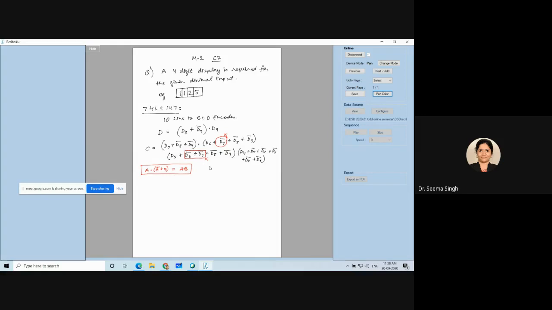Now you tell me what all will get absorbed in this last term? Will get absorbed or will get eliminated in this last term? Quickly. In the same way, what all will get absorbed? Are you not understanding?